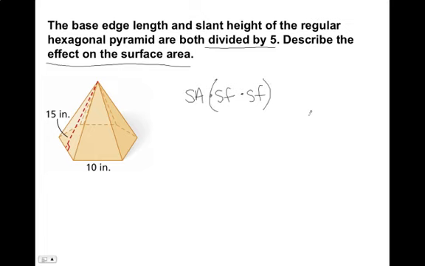Our scale factor here is 1/5 since it says to divide by 5. So when we have 1/5 times 1/5, we get 1/25. So we know that the new surface area would be 1/25 the size of the original.